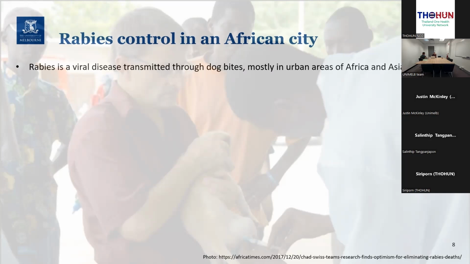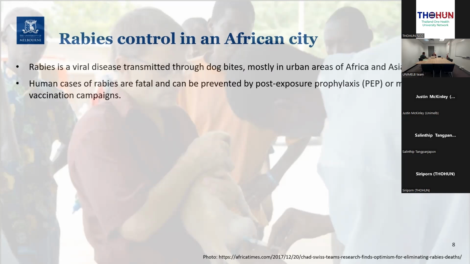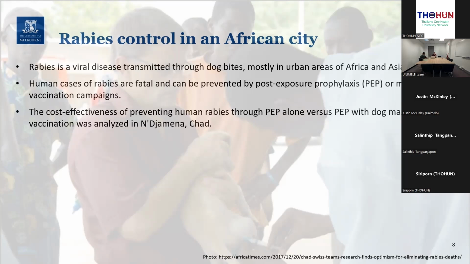Rabies is transmitted through wildlife, but the primary source of infection for humans comes from dog bites. Human cases of rabies are fatal, and they can be prevented through post-exposure prophylaxis, PEP, or mass dog vaccination campaigns.